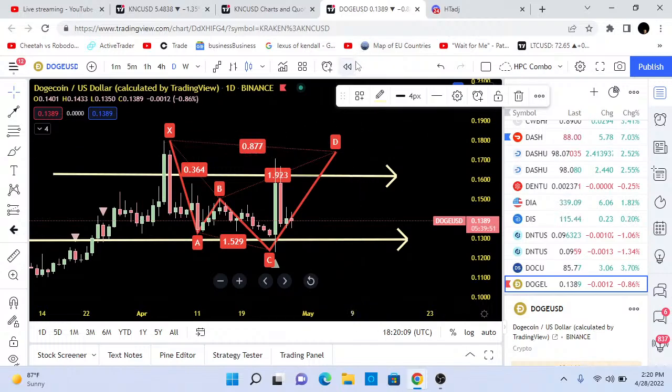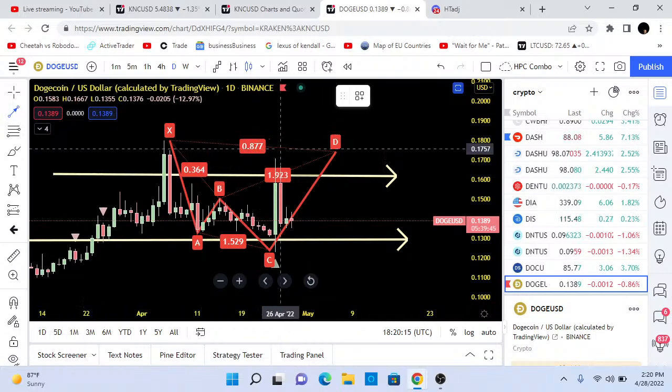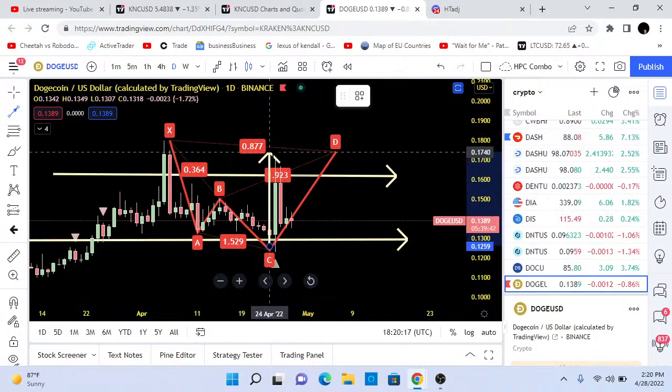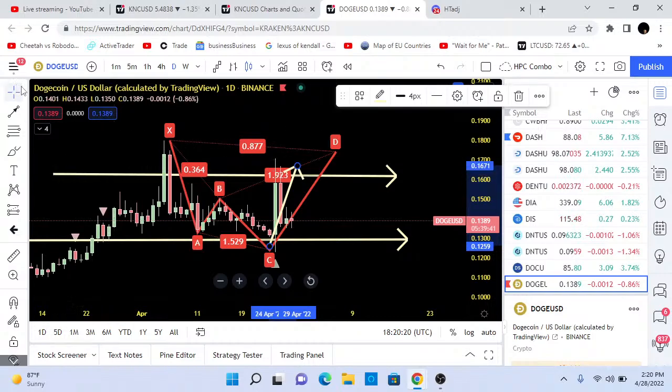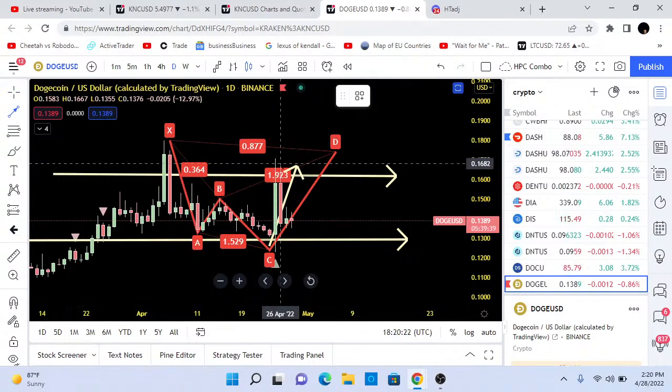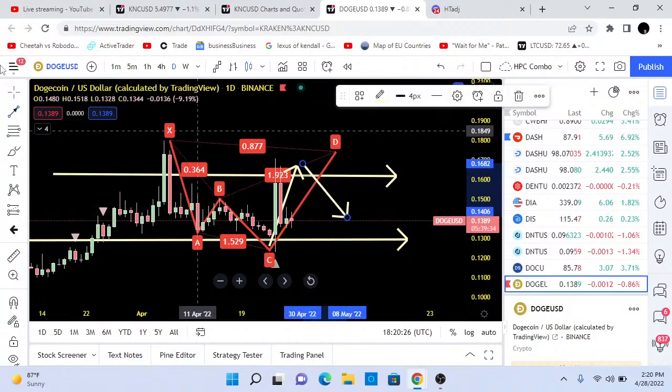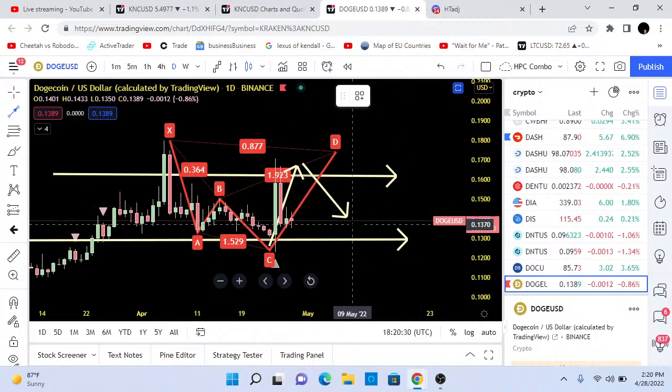But reaction up, right back down. And the other thing about Doge that I was talking about, because we were in a type 1, we would probably come up, then come back down for a retest, and take more time before we see something larger develop.